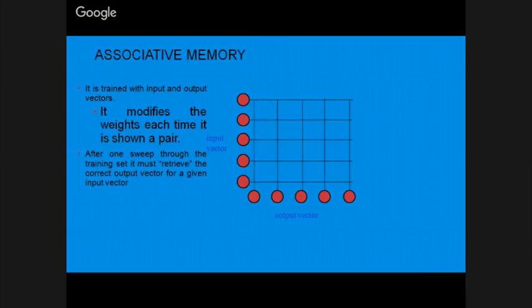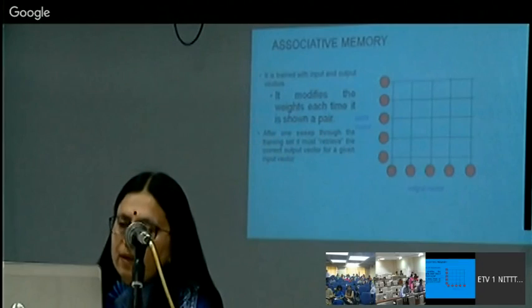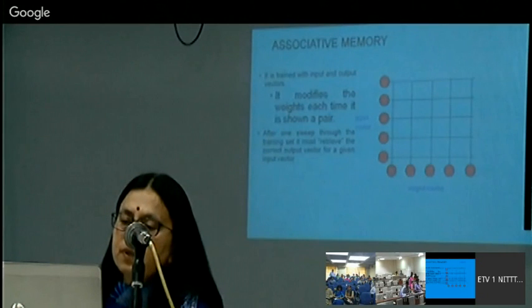And even if the input vector is slightly corrupted or incorrect, even then the associative memory should be able to recall the correct output vector. So that is how the system works.